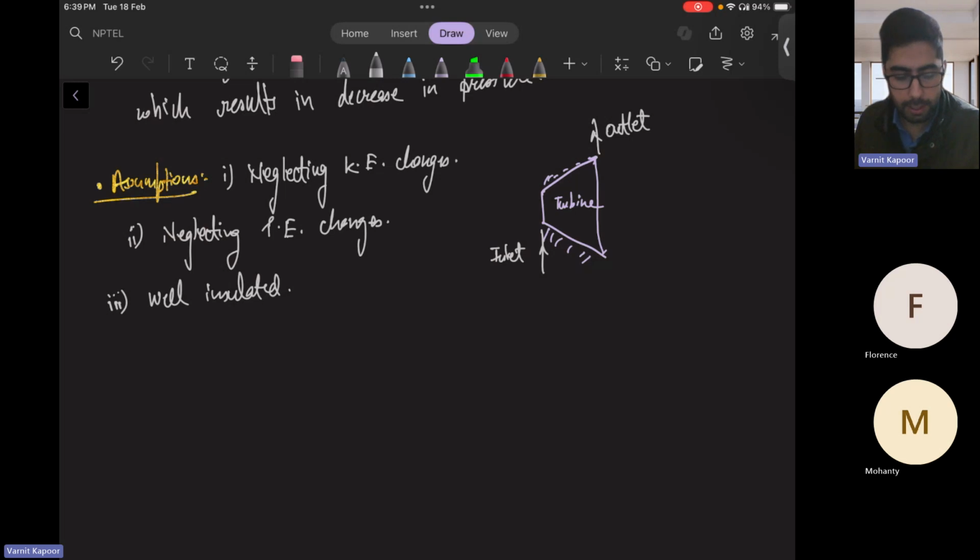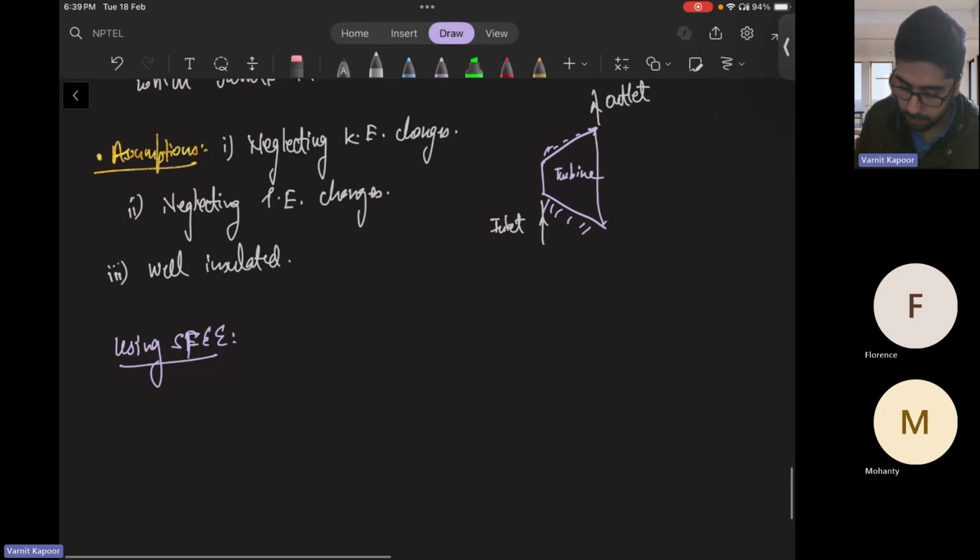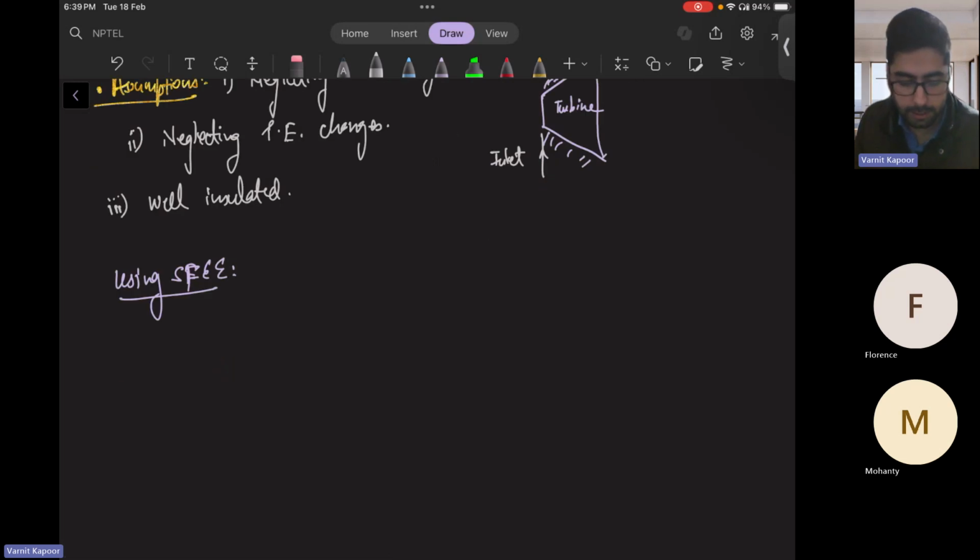So if you use the SFEE here, again all the things at the inlet go to zero apart from enthalpy, because heat interaction, kinetic and potential heads are all zero. At outlet, kinetic and potential heads are zero, but enthalpy is there as well as work extracted. So what is work extracted?